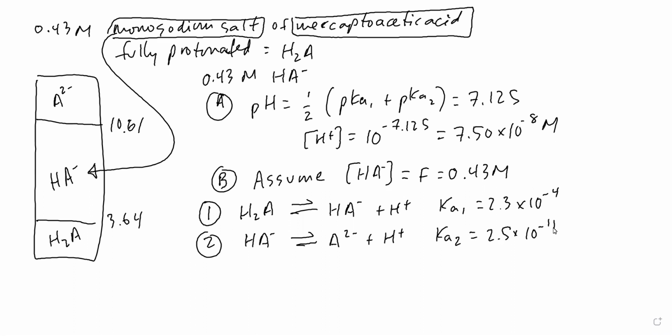So we're going to start with reaction 1, and we're going to use Ka1 and the expression products over reactants, along with our assumption that HA minus is 0.43 and our knowledge that H plus is 7.5 times 10 to the minus 8th. From the expression, we can calculate H2A, and we'll do a similar thing with the second reaction and the expression for Ka2. From that first acid dissociation reaction, we get this for Ka1.